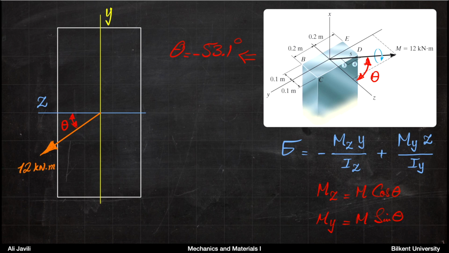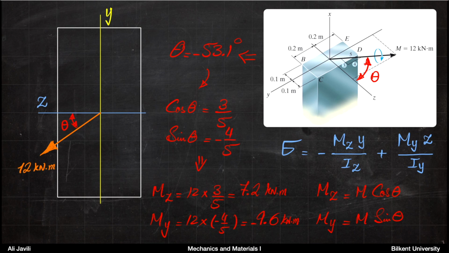So what we want to do here is to calculate these values. So basically My, Mz, Iz, and Iy, we need to calculate them. Once we have calculated them, then we take the coordinates of each corner and we can evaluate the stress at each corner. That's what we want to do. So from the theta that we have, cosine theta would be 3 over 5, sine theta would be minus 4 over 5, which again could be also observed from the dimensions given in the figure.